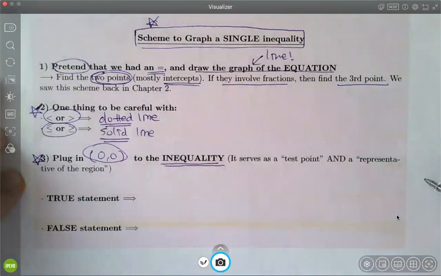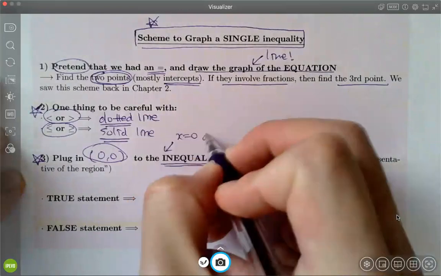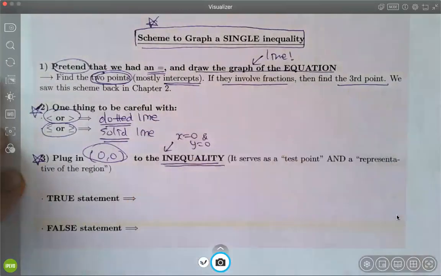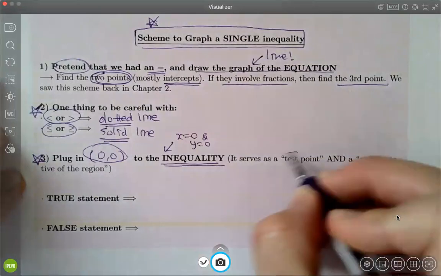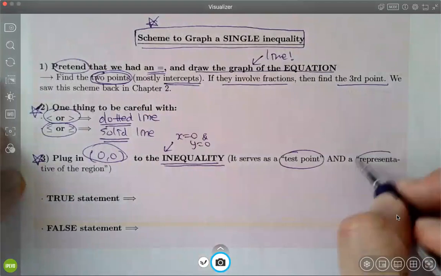So what does that mean? You plug in x equals 0 and y equals 0. And the good thing about this origin, (0, 0), is it serves as a test point, or a representative of the region.